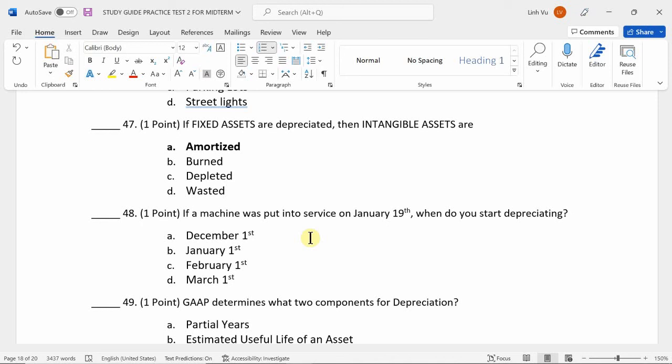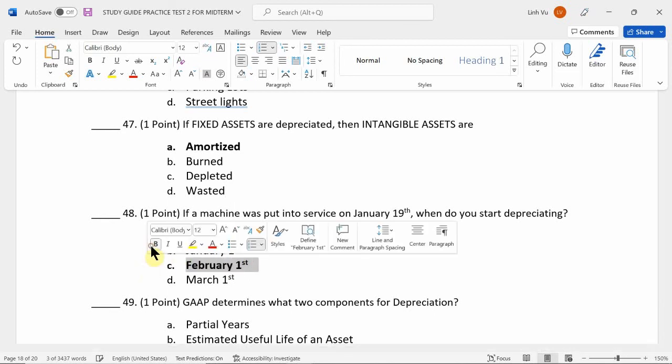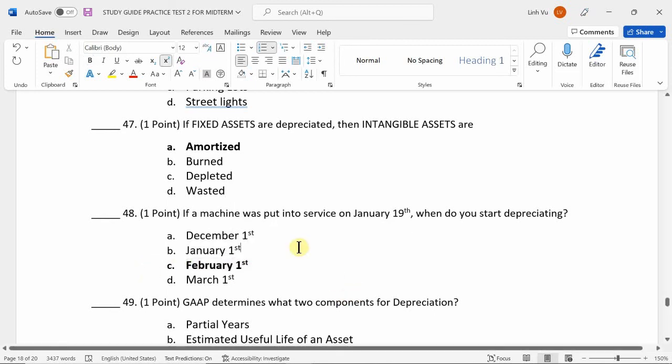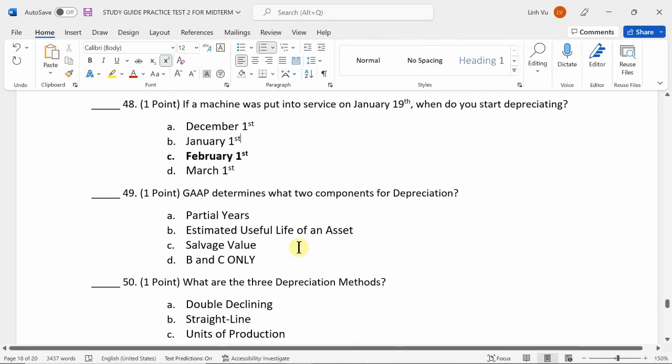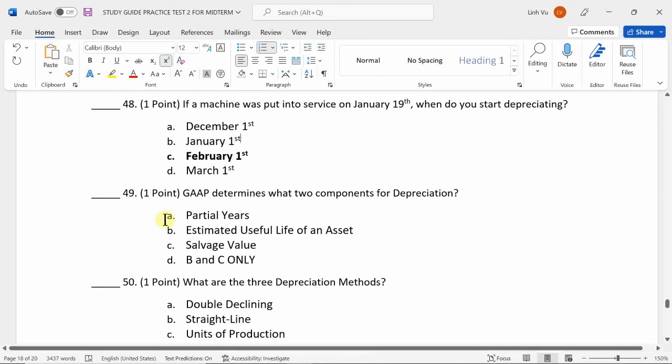But if it falls after the 16th, all the way to the 30th or 31st, then you're just going to say it's less than half a month, so you're going to depreciate it the following month. Therefore, since it's January 19, you're going to depreciate it as of the next month, February 1st.